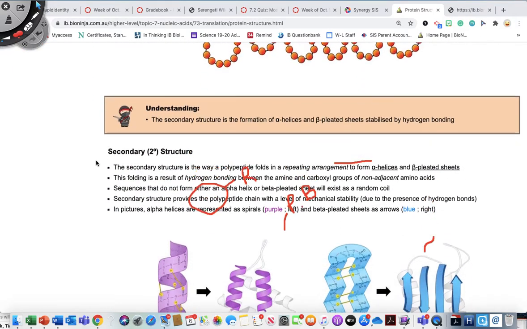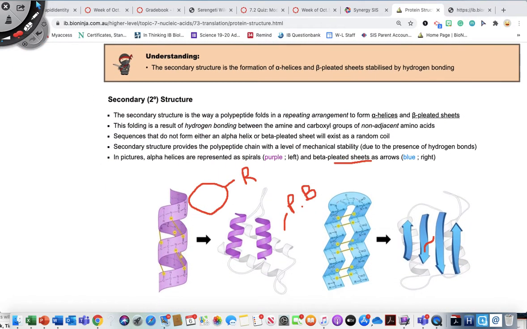So that takes us to our secondary structure, and secondary structure is a little bit prettier. So the secondary structure is the formation of these alpha helixes, and you've heard me talk about these before, and these beta pleated sheets. And the reason why they are able to form in this way is because they're stabilized by hydrogen bonds.